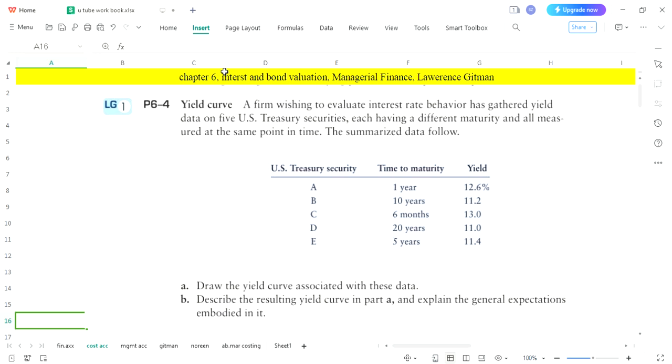Today's target is to solve question number 6.4, and one thing I should elaborate at the start of this question. Right now, from 6.1 to a few more questions, these are introductory questions. Basically our topic is interest and bond valuation, and we are still trying to understand basic concepts related to bond valuation and interest.